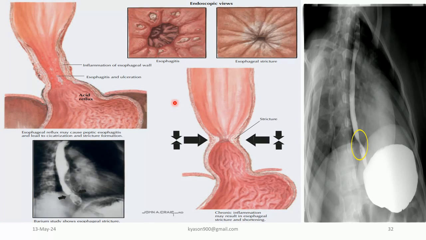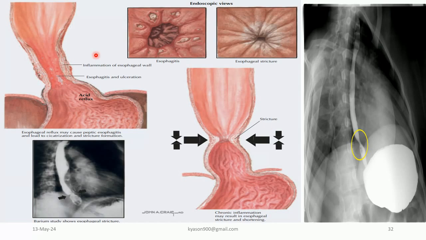So gastroesophageal reflux disease, we said, is associated with the reflux of acidic contents into the esophagus. Whenever acidic contents rush into the esophagus, they can cause inflammation of the esophagus, and this ongoing inflammation can easily result in formation of strictures. Strictures are abnormal narrowings, okay, that are created in disease scenarios.